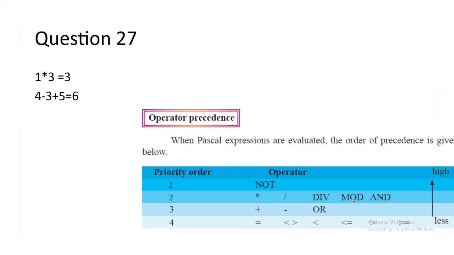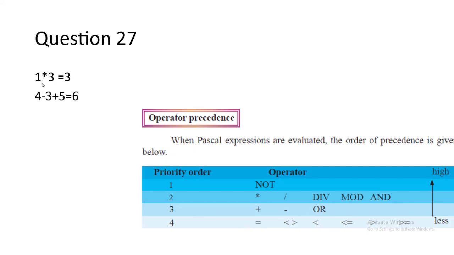Hope you remember, 10 divided by 4 is 2.5, but 10 mod 4 means you divide and consider the remainder. So the remainder is 2 there, right? Then the and operation will happen next. After that, only plus and minus operations will happen. Finally, the equal operations will happen.